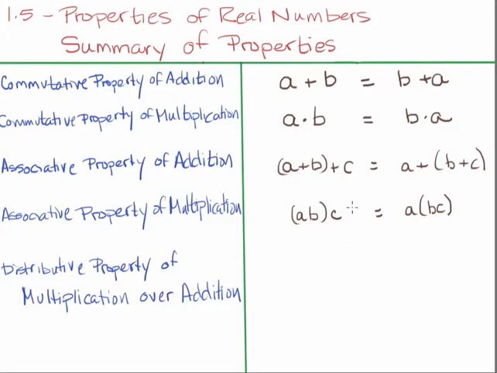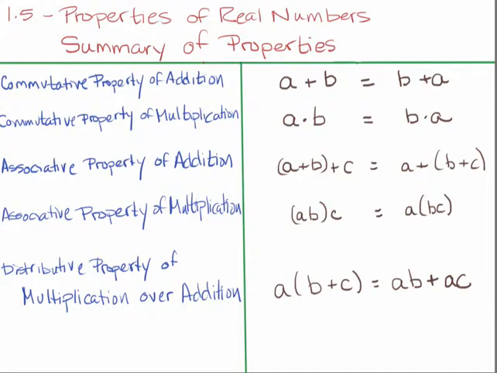The distributive property of multiplication over addition says that I can take a number and multiply it by the sum of two numbers by doing the sum first, or I can multiply that number by each number separately and then add the two together.